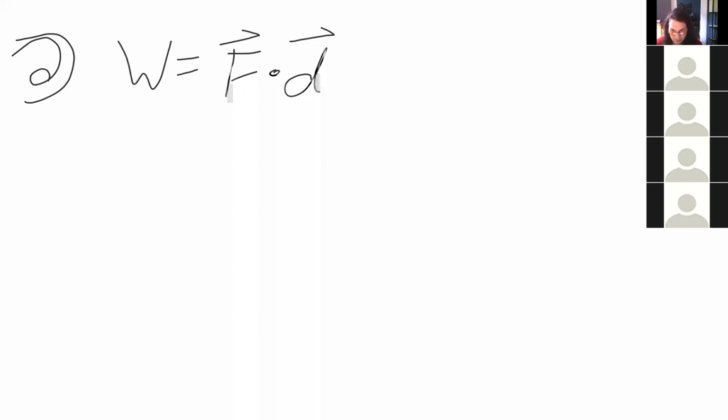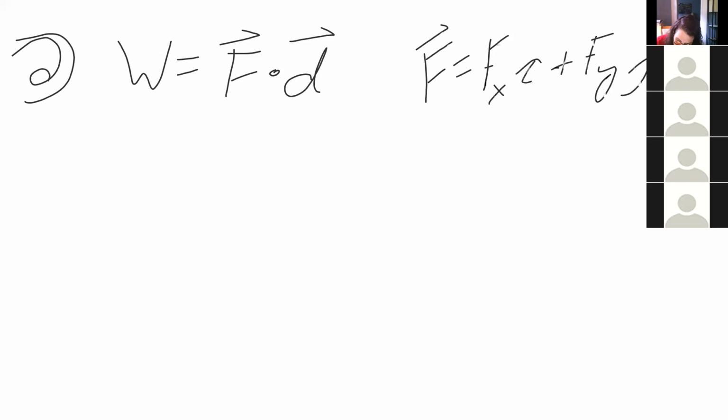For this first problem, you're just asked straightforwardly to calculate the work given two vectors. So you'll have a force vector that is some x component for the force i hat plus some y component for the force j hat, and you'll have a displacement vector that is some x component for the displacement i hat plus some y component for the displacement j hat.